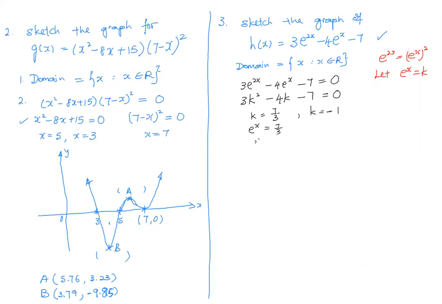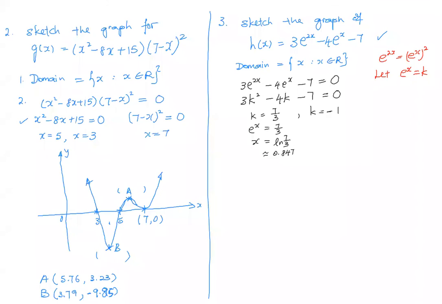So my x equals ln 7 over 3. Zafan, can you give me the approximate value? 0.847. Is it 0.847, class? Okay, 0.847.